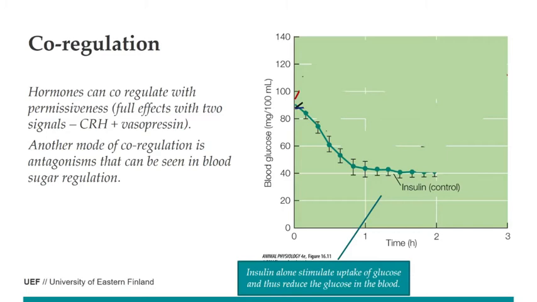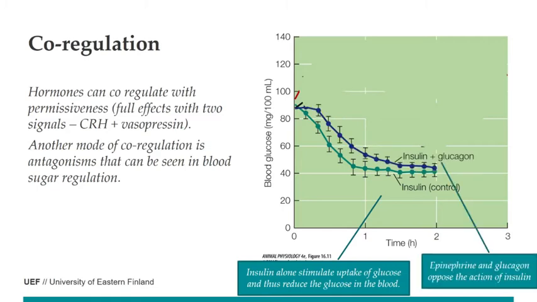So insulin is stimulating the uptake of glucose, and that's causing less glucose in the blood. But if at the same time you have glucagon or epinephrine, they are inhibiting the action of insulin. So that's why, for example, having epinephrine, you have high blood sugar for a longer time.